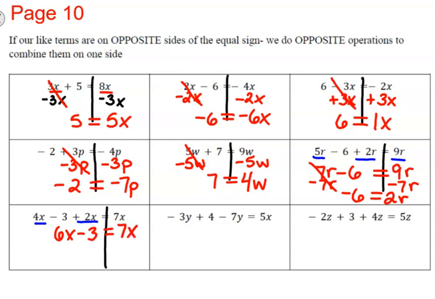So now I have the like terms on opposite sides, so we do the opposite operation. I subtract 6x, and so negative 3 equals 1x, or you can just write x. What I'd like you to do is hit pause on the video one more time and do the next two boxes. So go ahead and hit pause now.